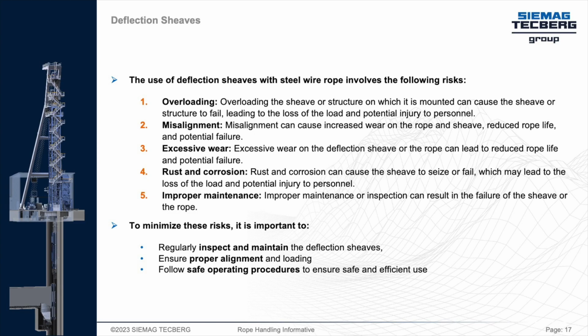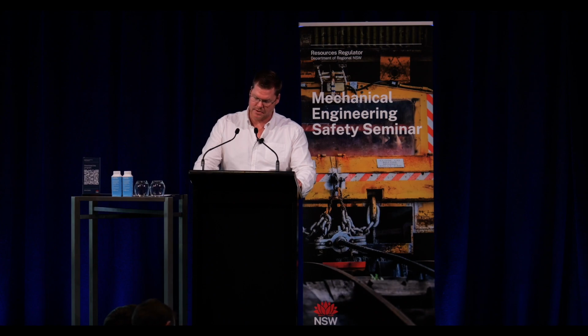So the use of deflection sheaves with steel wire rope involves the following risks. Overloading the sheave or the structure on which it's mounted can cause the sheave or the structure to fail, leading to the loss of load or potential injury to personnel. Misalignment can cause increased wear on the rope or the sheave, reducing the rope or the sheave's life and leading to potential failure.